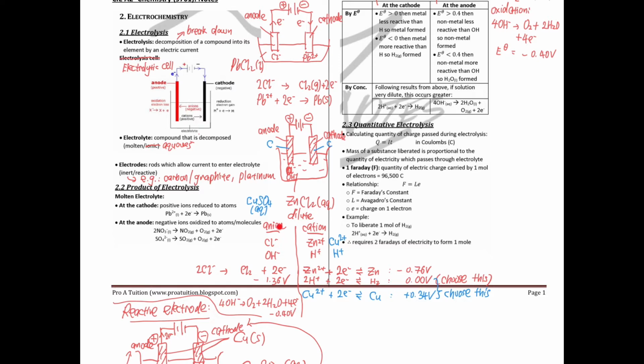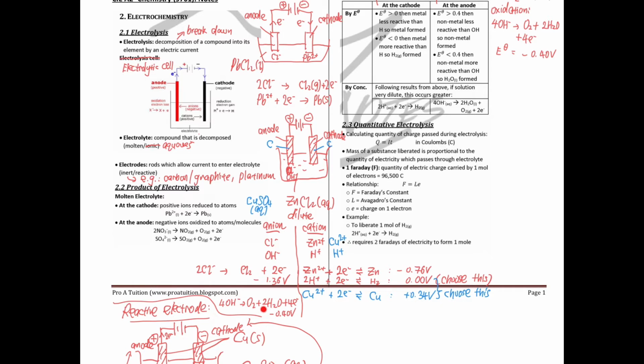We swap because the anode is where oxidation happens. The data booklet gives the equation in reduction form. That's why we need to swap, and at the same time we swap the E theta. After you swap, we decide which anion to be chosen using the same method.